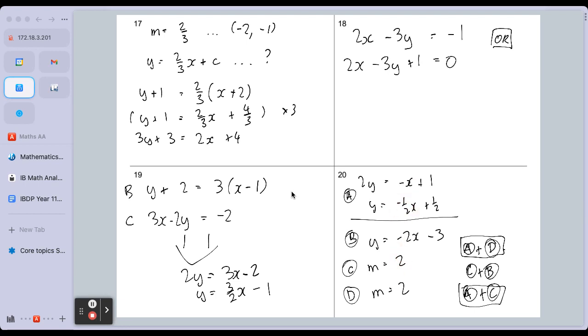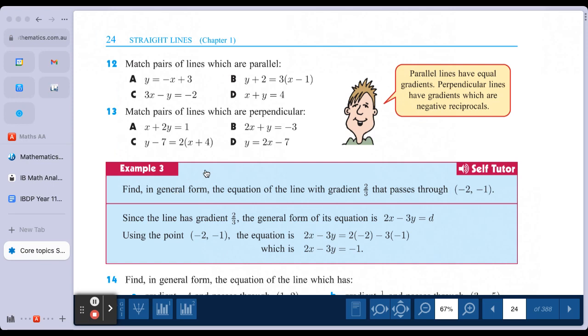So because when I multiply these two together, I get -1, these gradients must be perpendicular, at right angles to each other. And obviously these two, it's the same number. Am I making sense? So multiply them together. If the answer is -1, you can say that they are perpendicular. We will come back to this idea a little bit later on as well.